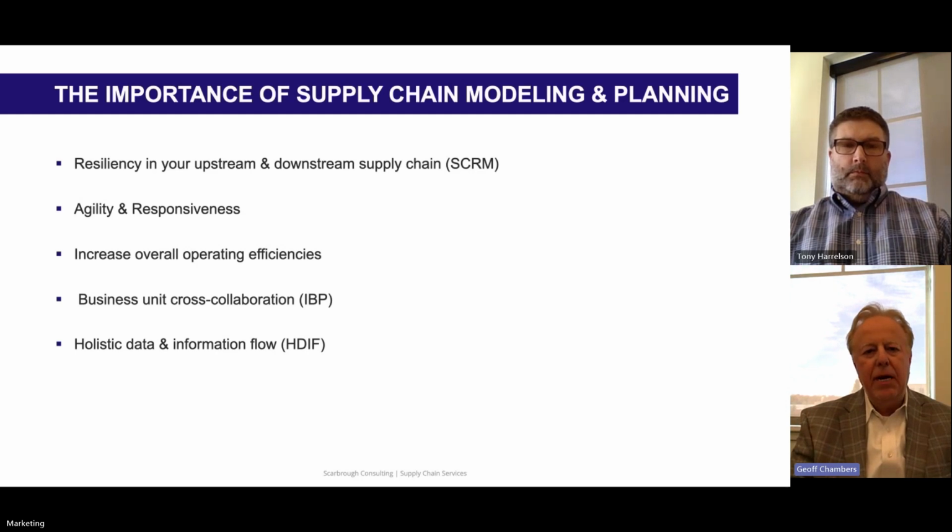So cash meaning that when COVID hit and you were in a functional siloed plan, you were spending 50 to sometimes 100% more on ocean transportation, not to mention domestic and North American transportation. So you did not have the number one thing that you need in a functional siloed plan, which is resiliency.